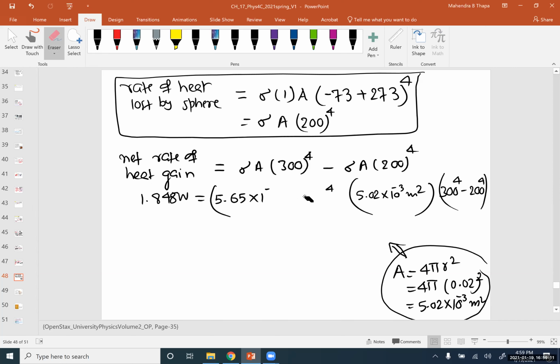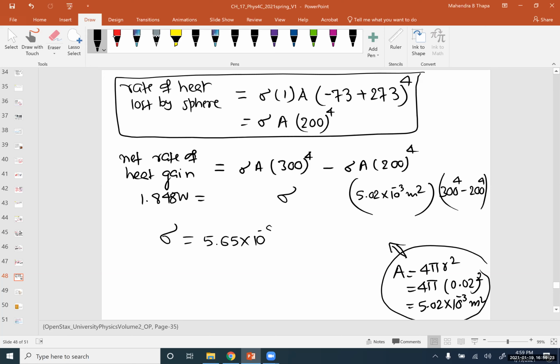Otherwise you can find both sides equal. So we want to find sigma. If you solve, you will find sigma equals 5.65 times 10 power minus 8 watt per meter squared K power 4. Okay, this is your answer.